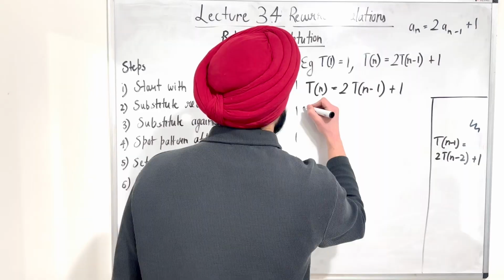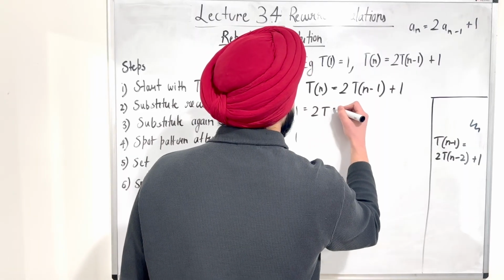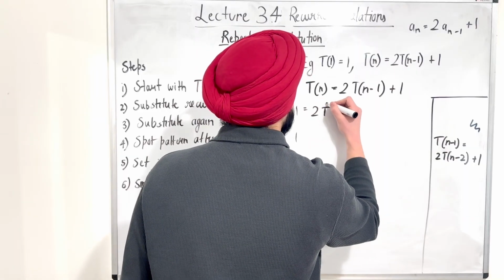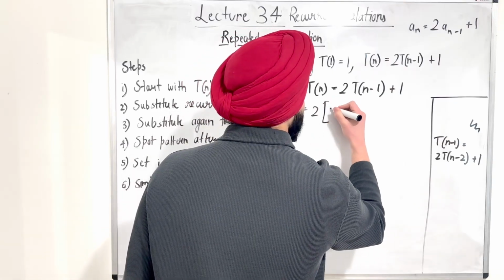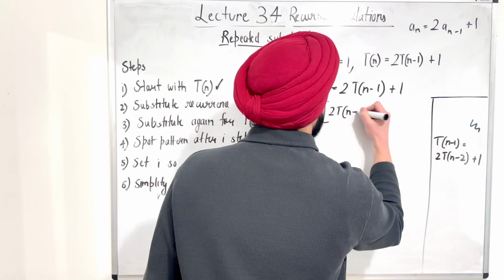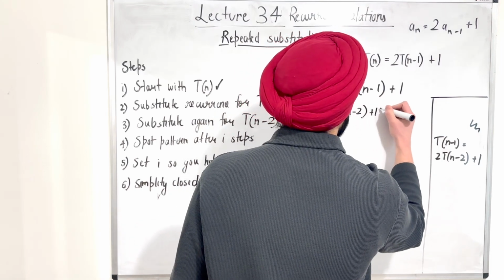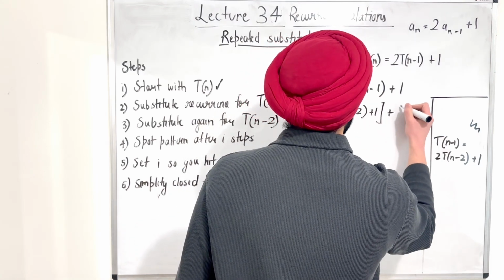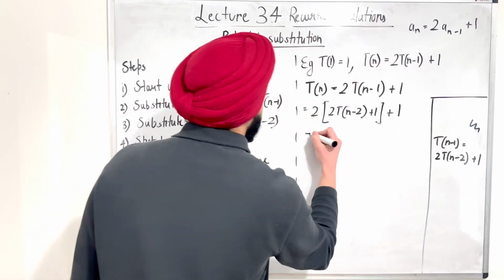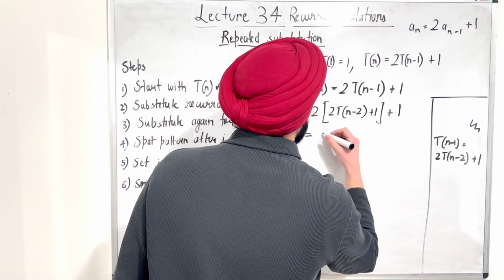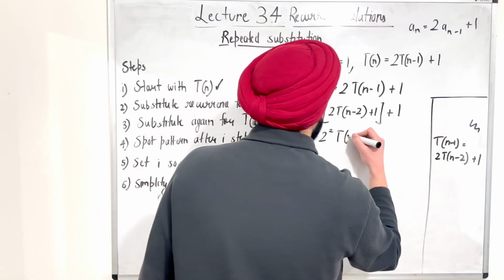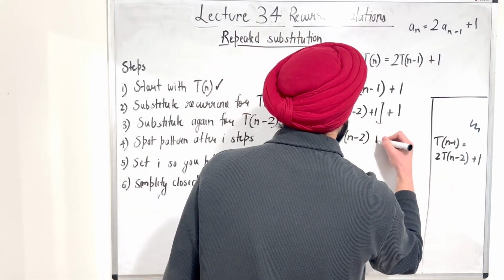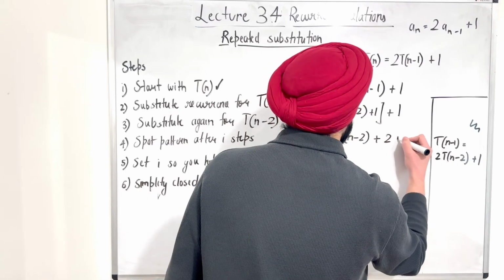So you get Tn equals 2 Tn minus 2 plus 1 plus 1, which gives you 2 to the power of 2 Tn minus 2 plus 2 plus 1.